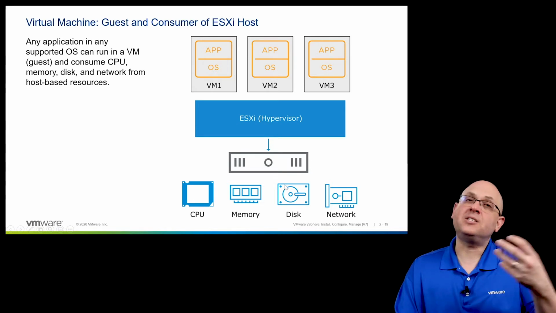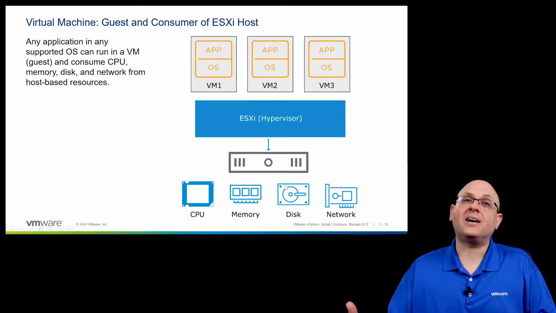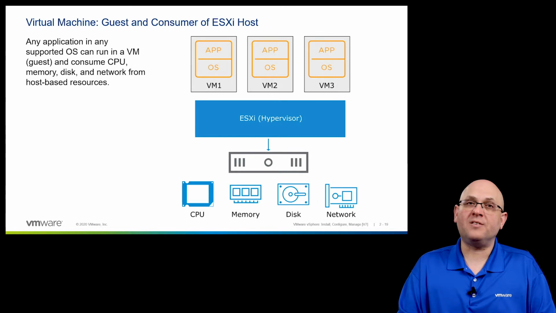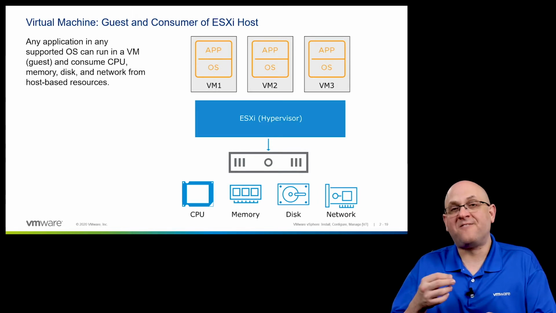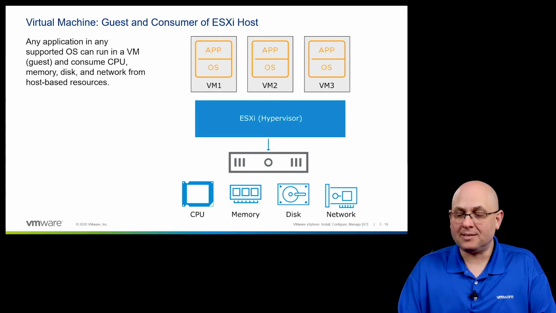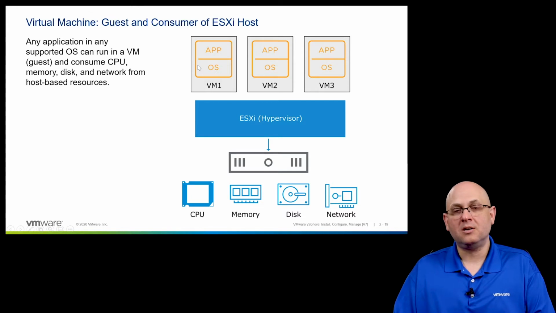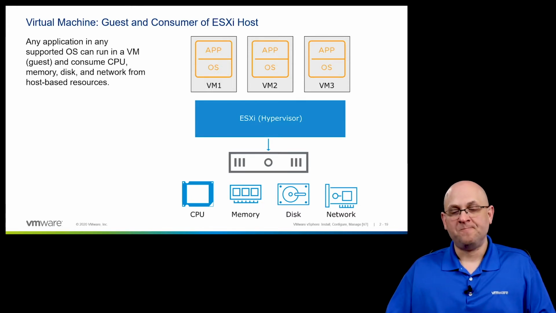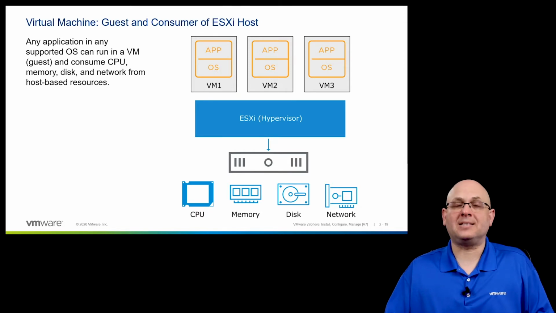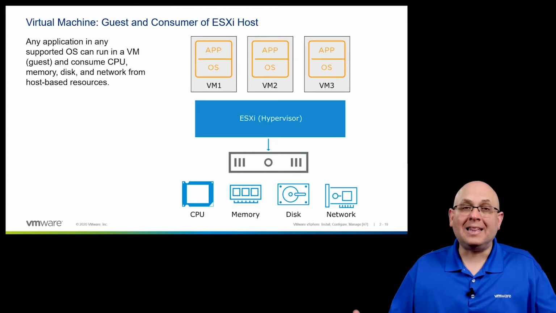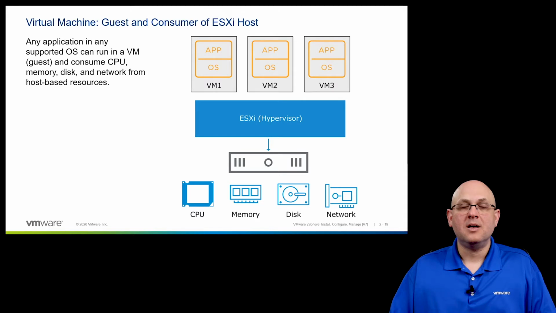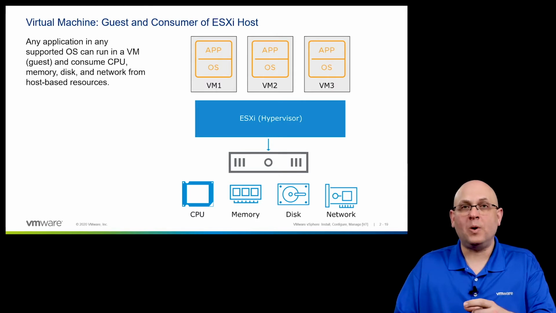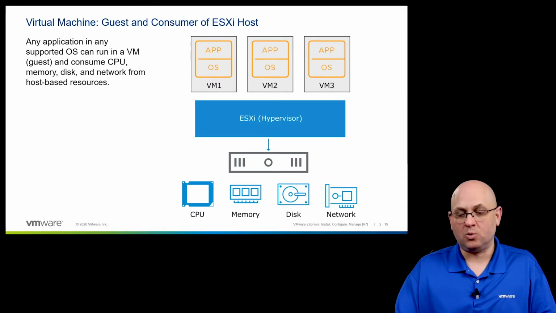For all of the storage that your hosts have access to, a portion of that storage in the form of a virtual disk will be assigned to your virtual machine. For all of the many network ports that your ESXi host has access to, at least one of those, through the concept of a virtual switch, will be assigned to your virtual machine.